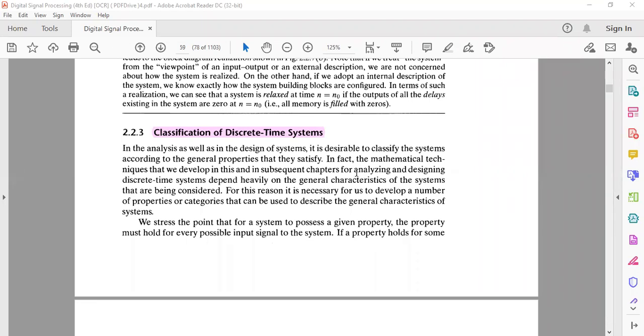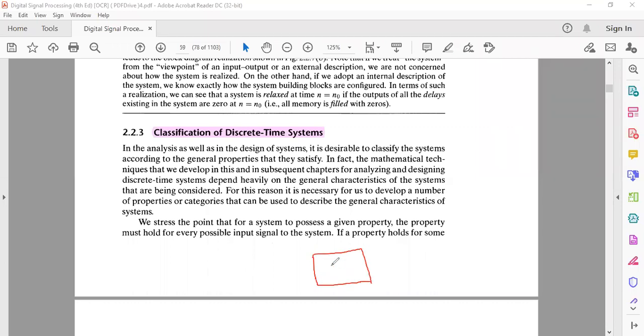And we said that systems that are used to manipulate discrete signals are called discrete time systems. Last time we gave a few examples of what a system can typically be.